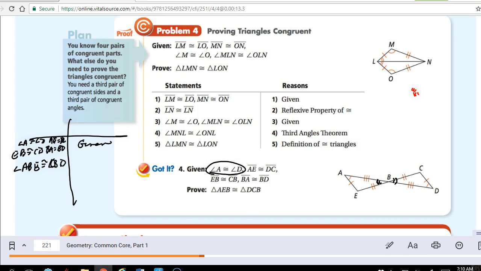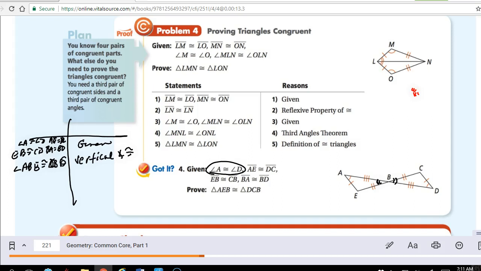So you have to write ABE and CBD, or DBC, I guess would be the better proper way. Those are congruent because of a rule that says vertical angles are congruent. I'm going to abbreviate: vertical angles are congruent.